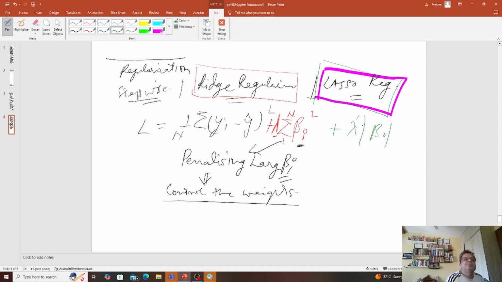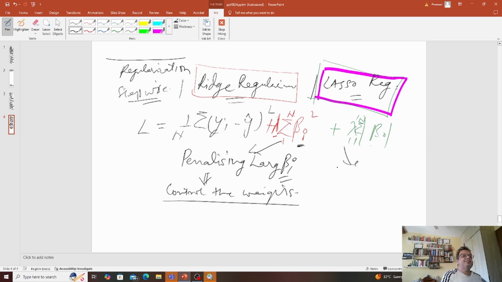Let's call this lambda dash, again sigma 1 to n. So in this case, since your values are taken in absolute terms, this is also going to penalize your beta naughts, but not in proportion of only penalizing the large values, because when you square terms, it becomes larger and larger.